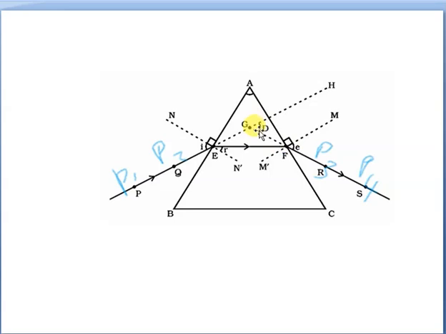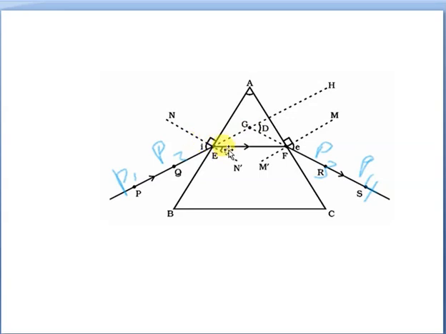Use your ruler to trace up the incident ray and the emergent ray. Where these two rays meet, as we have said before, use your protractor and measure this angle. And that is the angle of deviation.